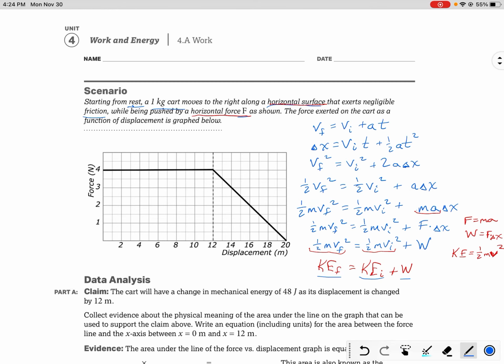So if we are wanting to make a claim that the cart will have a change in mechanical energy of 48 joules as its displacement is changed by 12 meters, so I really just want to look at this first 12 meters, then all I need to do is understand, a change in kinetic energy comes from work.